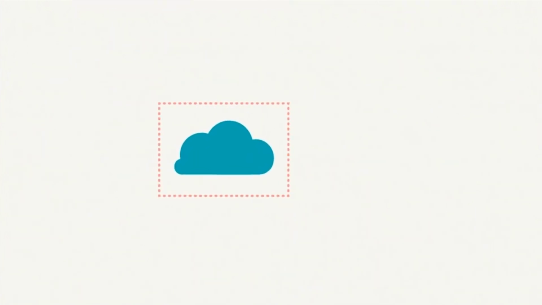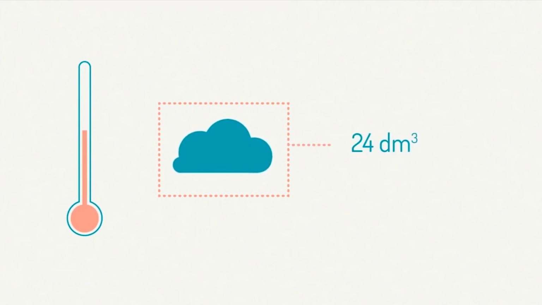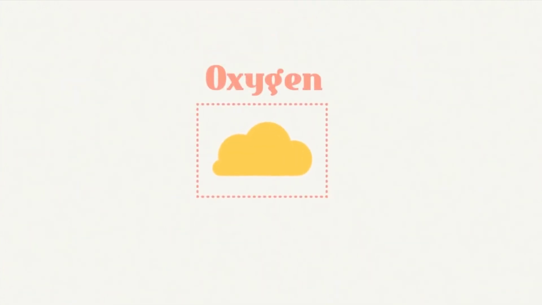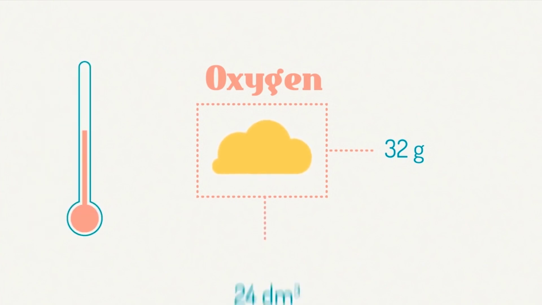We know that 1 mole of any gas at room temperature occupies 24 decimeters cubed. 1 mole of oxygen gas, O2, has a mass of 32 grams. So, 32 grams of oxygen at room temperature occupies 24 decimeters cubed.